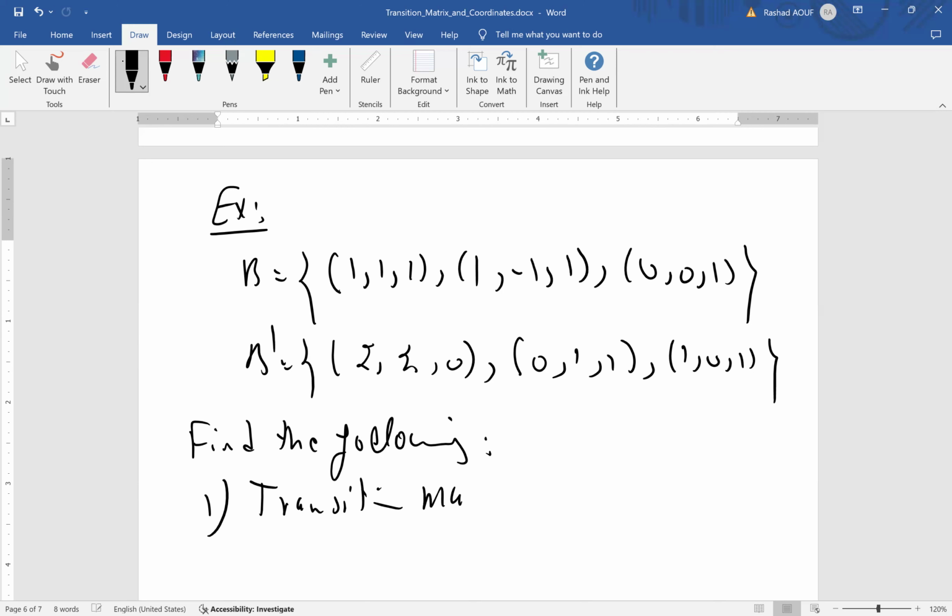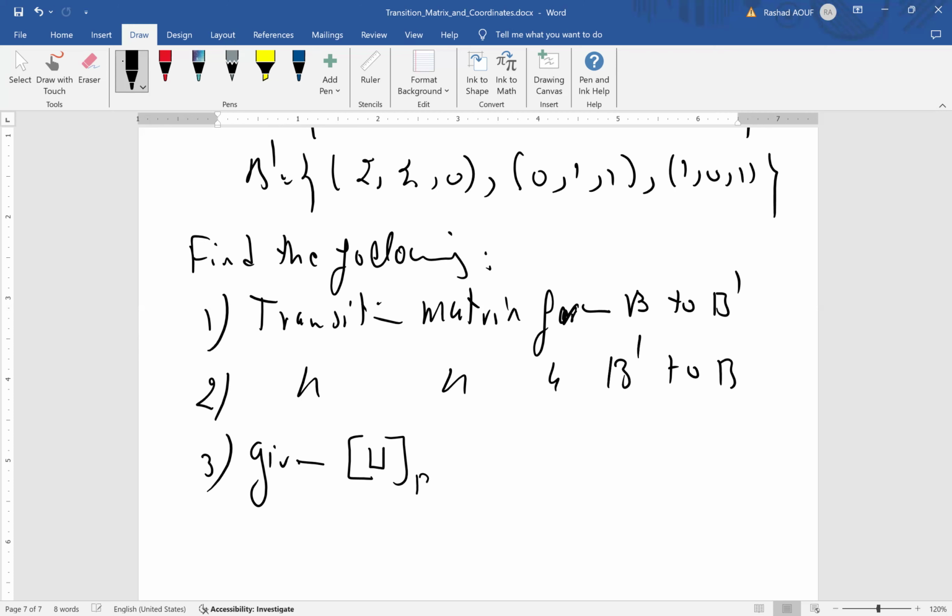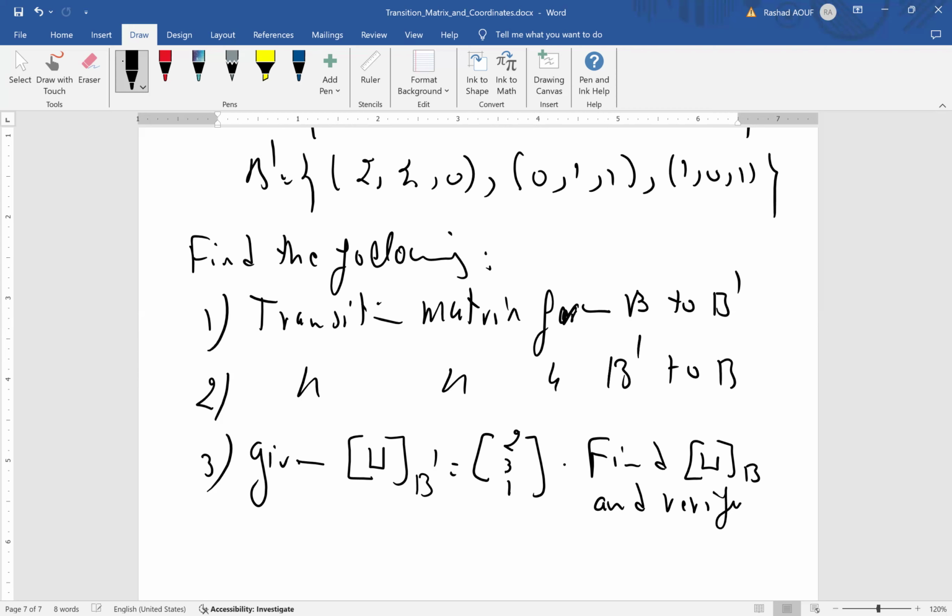The transition matrix from B prime to B. Then, given the coordinates of U with respect to B prime is equal to 2 3 1, find U. Find the coordinate of U with respect to B, and verify it. This is the exercise you will work on.